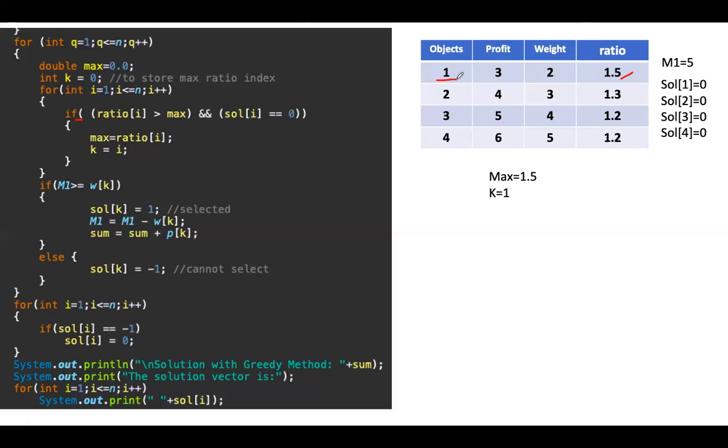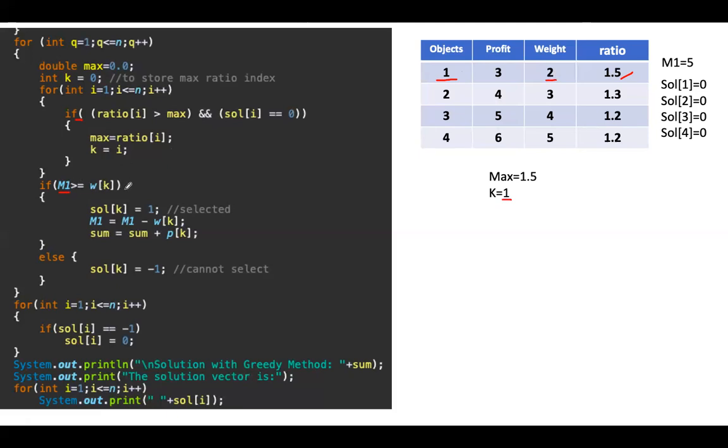But before considering that, we have to check the weight of that item, whether this weight will fit into the bag or not. We know the capacity of the knapsack is present in the M1 variable. So if M1 is greater than W of K, where K is 1, its weight is 2, and M1 is 5, greater than 2.